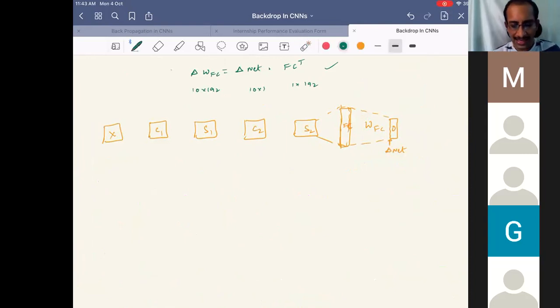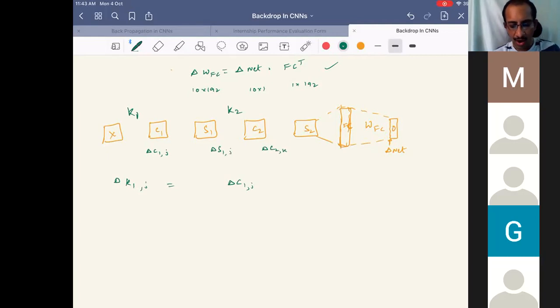So when we perform the convolution operation, as I said, this is kernel 1 and this is kernel 2. So for kernel 1, if I want to update the J map, to get delta k, assume that I already have delta C1, J. Since we have seen in the previous discussion, assume that I have got all the capital deltas as well.